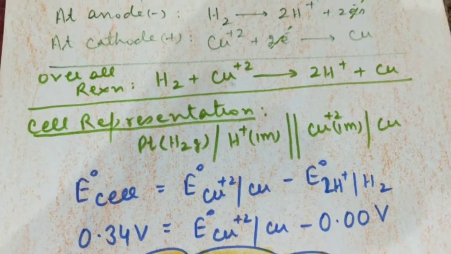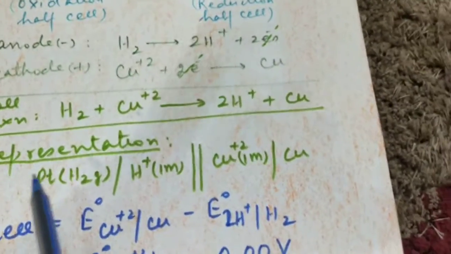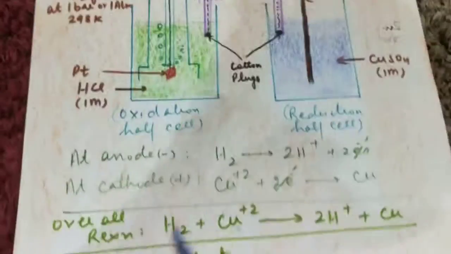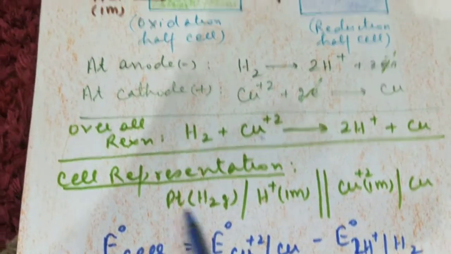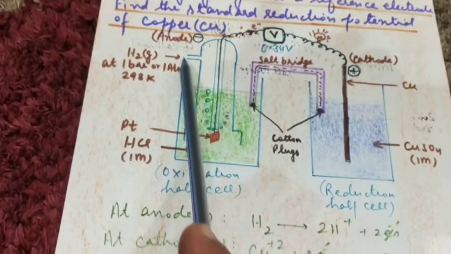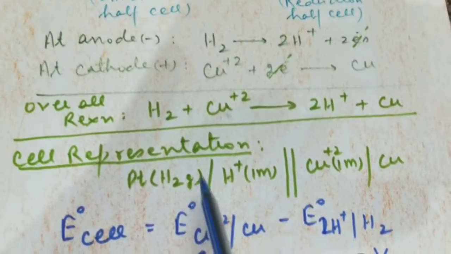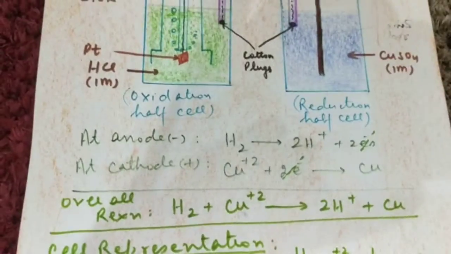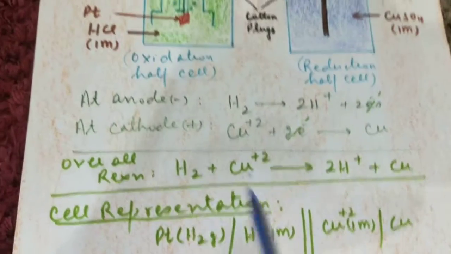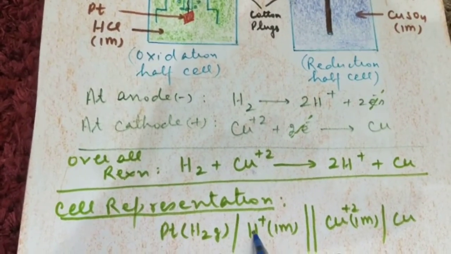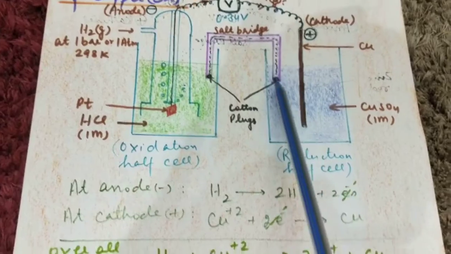Now what is cell representation? Left hand side, there is platinum electrode. Hydrogen gas is bubbled through it. Solution is of HCl, H plus ion, at 1 molar concentration. Then at the middle there is a salt bridge.